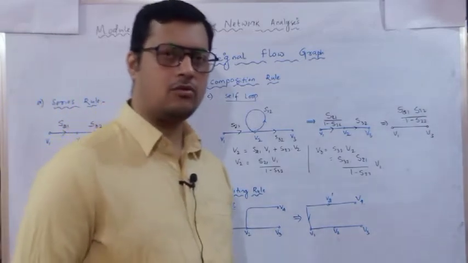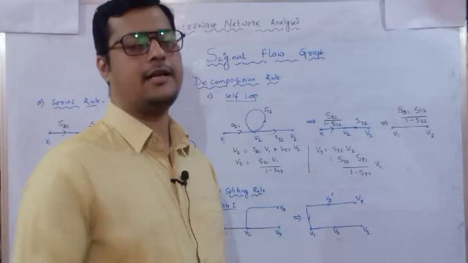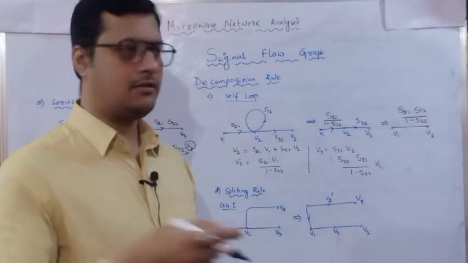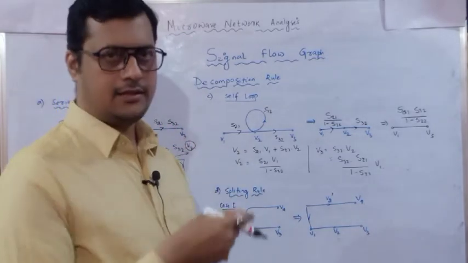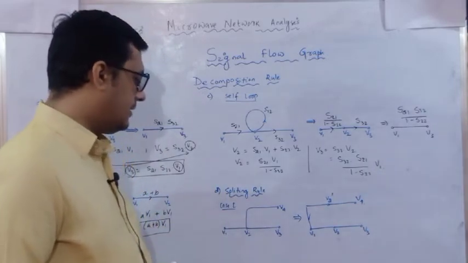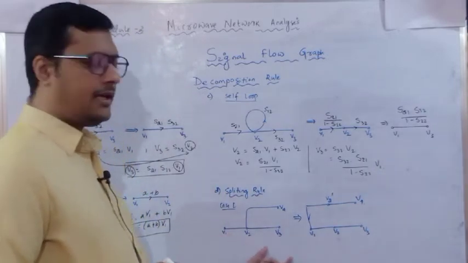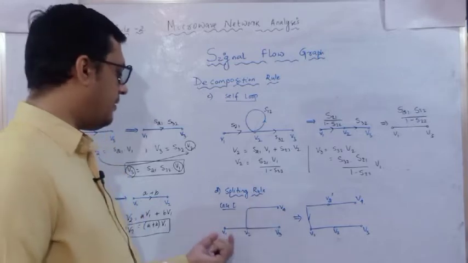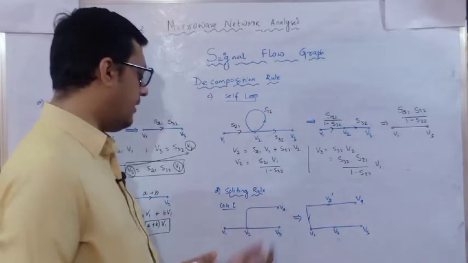In this splitting rule we have 3 cases. First case I am going to discuss. Next 2 cases, after erasing all this I will tell. So splitting rule, case 1, as you can see there are 4 different nodes: V1, V2, V3 and V4.